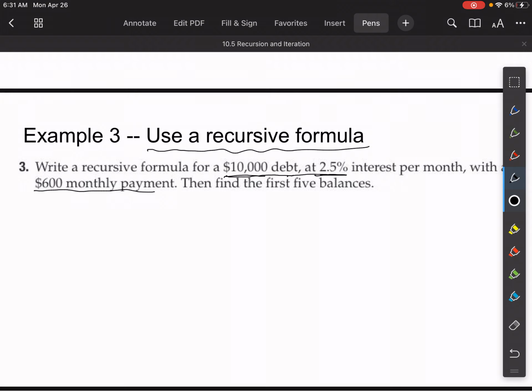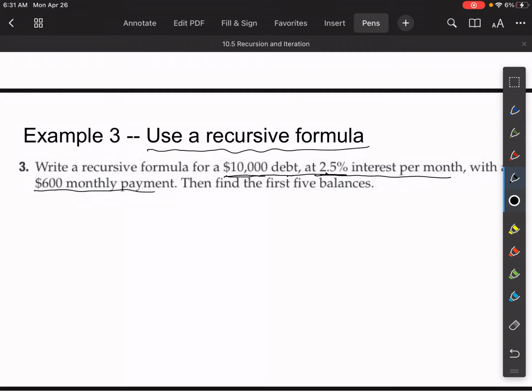Okay, so for this guy, we know that this interest is per, actually, you know what, I have a 2.5 per year. This one's per month, so this is actually kind of high. But 2.5% interest per month. Okay, so since it's per month, they made it kind of easy for us.